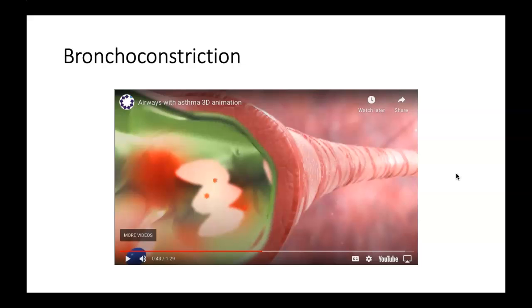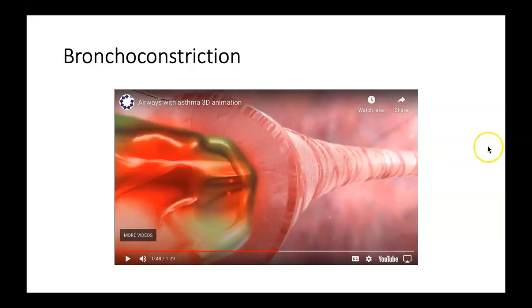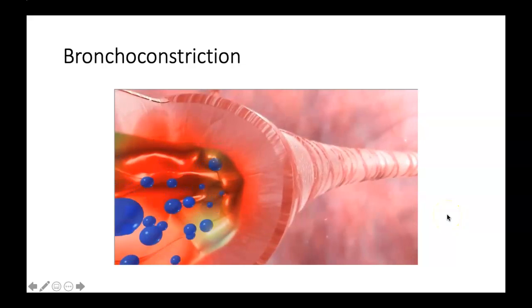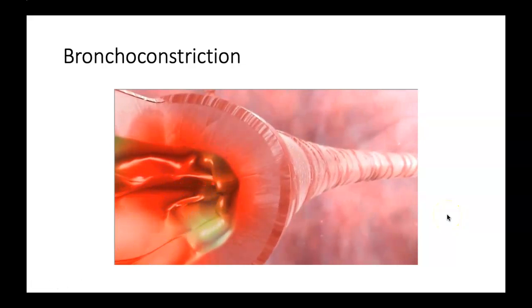Any of those triggers will cause bronchoconstriction, and then essentially you're getting a constriction of those tiny little bands of smooth muscles, which I'll see if we can get to that point here. And we're getting a narrowing of the airway.